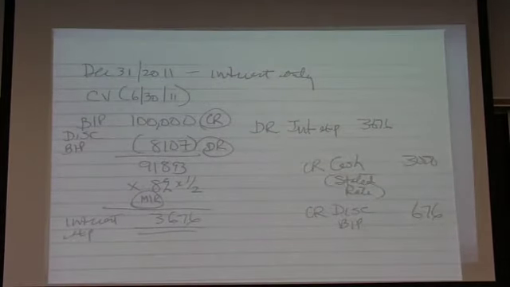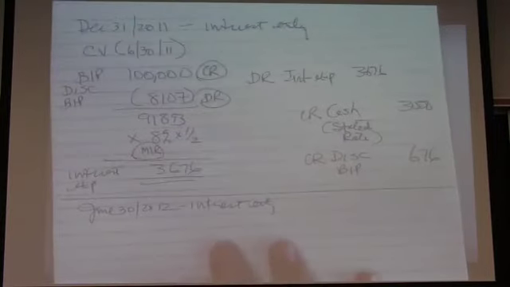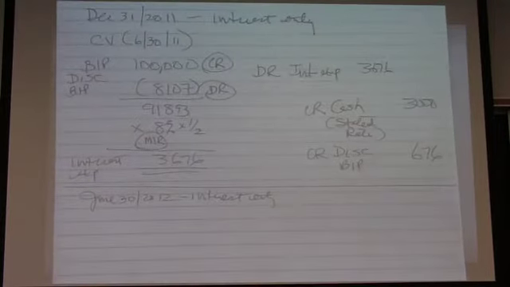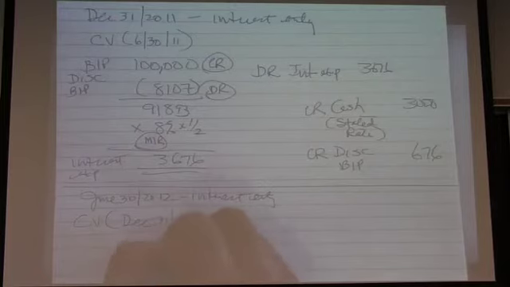Let's do the next one just to show you what's going on here. The next one is June 30th, 2012. Now, again, ask yourself, when was the last time interest was paid? Well, it was paid in December. So we need to calculate the carrying value as of December 31st, 2011.